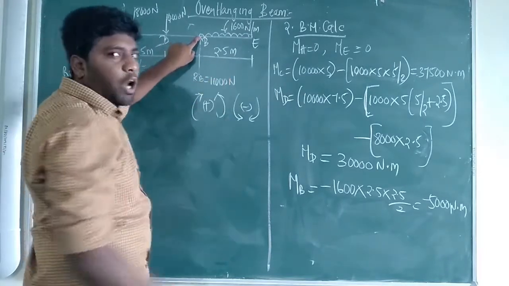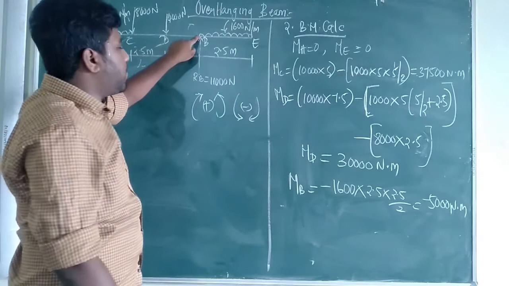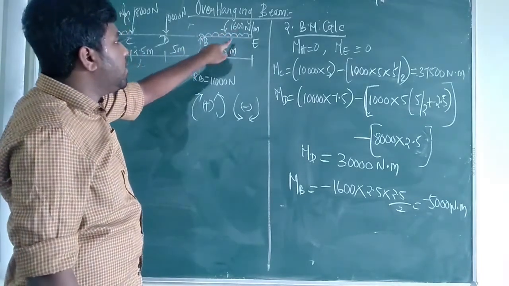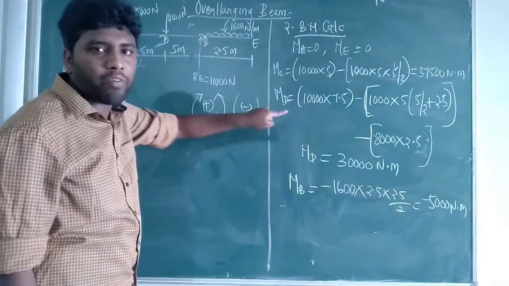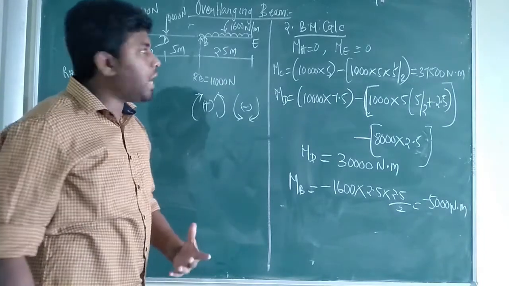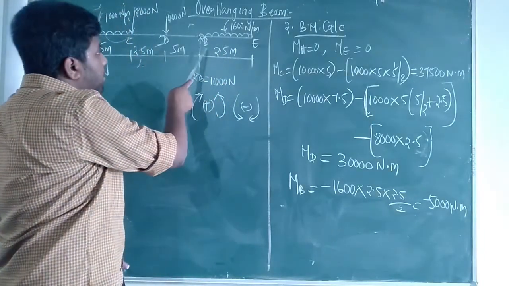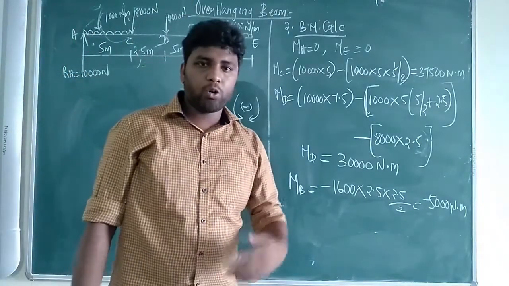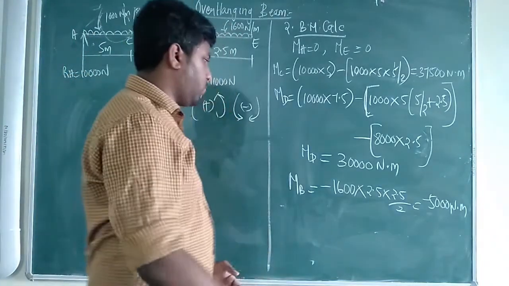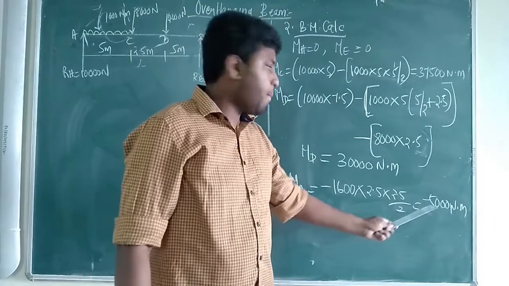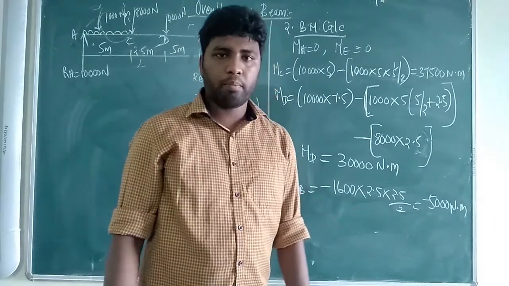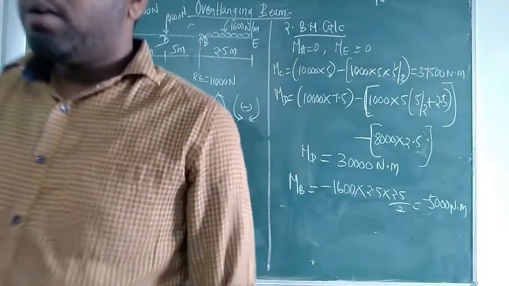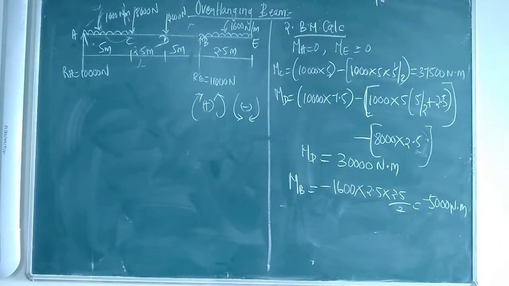That is only 1600 UDL is there. So 1600 into 2.5 into 2.5 by 2 is your bending moment calculation. But it is in a downward direction, so that will be minus 1600 into 2.5 into 2.5 by 2. So your answer is minus 5000 Newton meter. So it's very simple. This is how you calculate your bending moment and shear force.